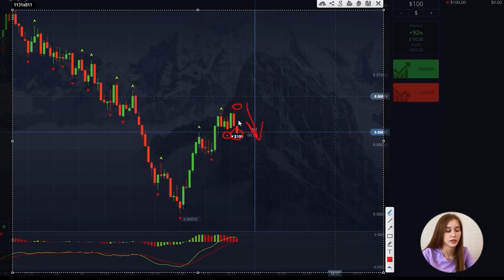That is, pay attention to it. When opening a deal, if there was a fractal up, you open for a fall. If the fractal is down, for an increase. Just like this. Let's see our trade.